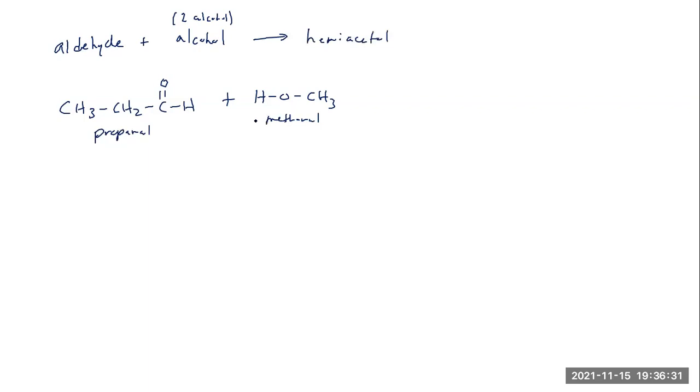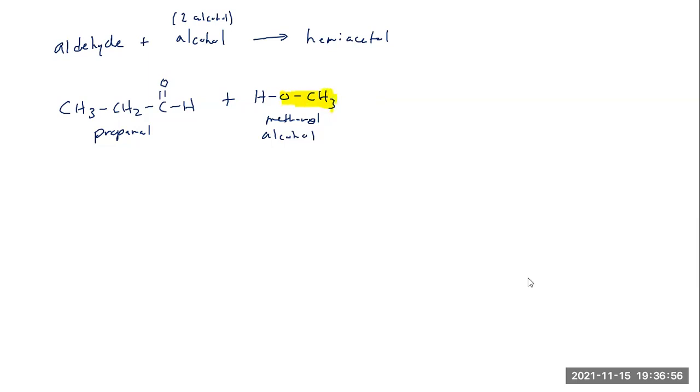And what's going to happen in this case is the alcohol here, methanol, the alcohol will add basically kind of in two sections. And the two sections of the alcohol is this guy here, this oxygen and carbon group.